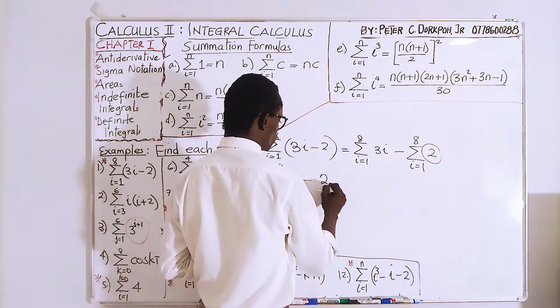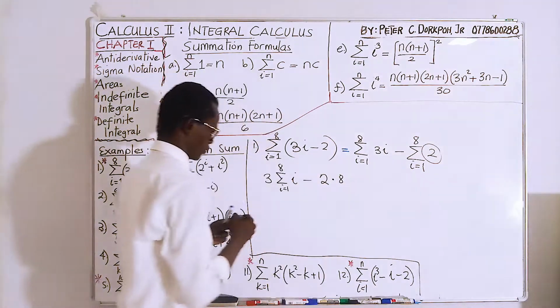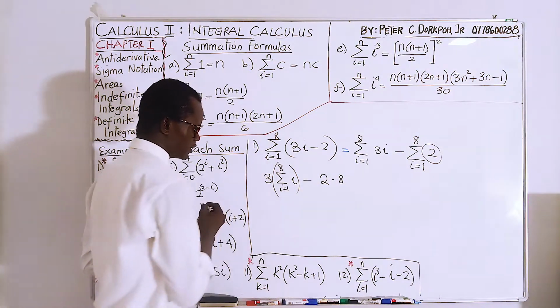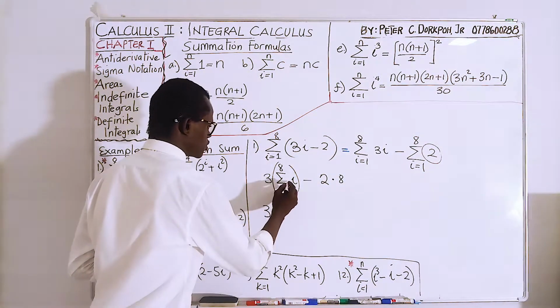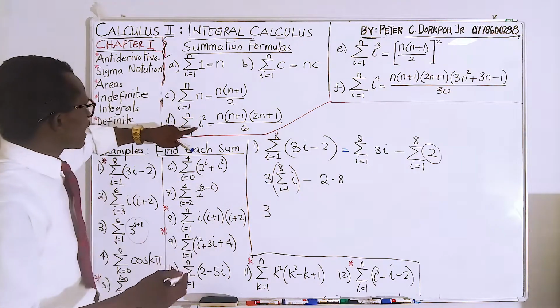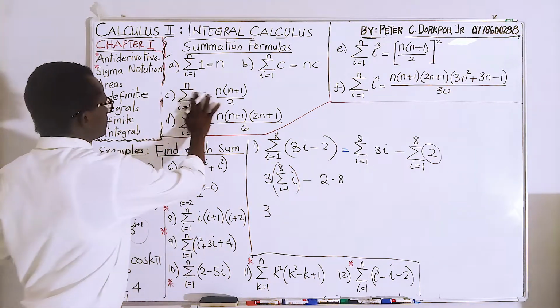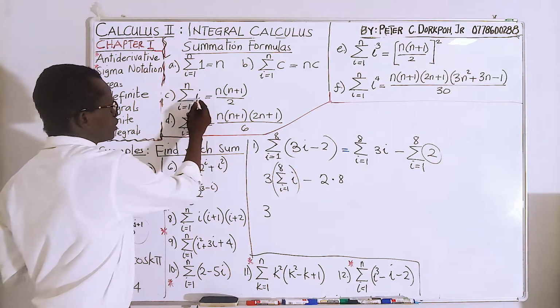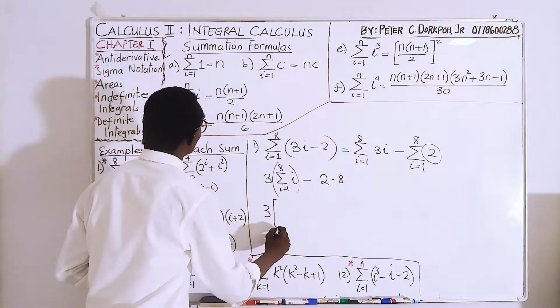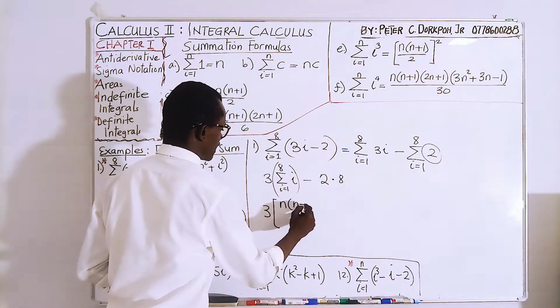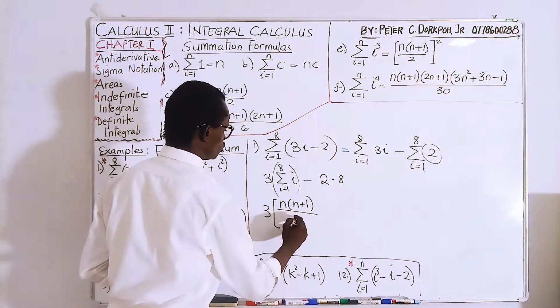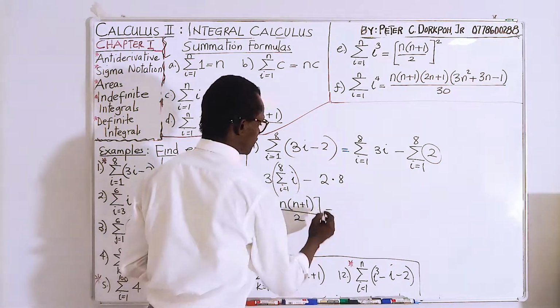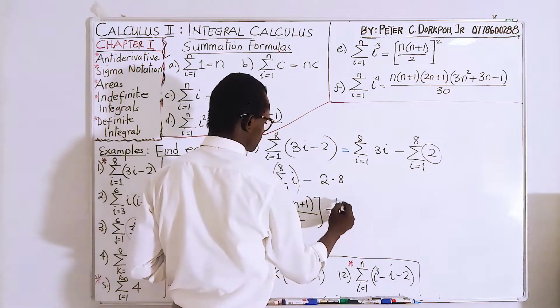So it's just 2 times 8. For this one, we bring in the 3. The summation of r, this is r, this is not n, is equal to n times n plus 1 all over 2, minus 2 times 8, which is 16.